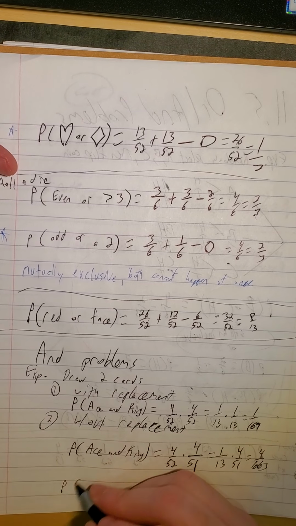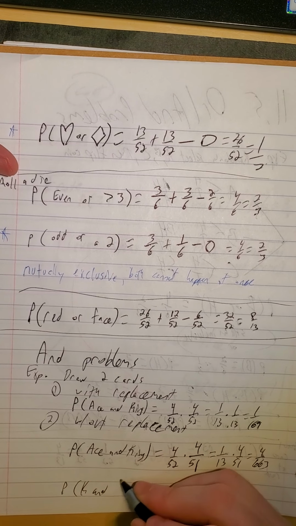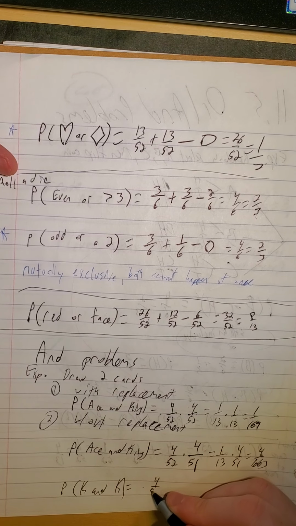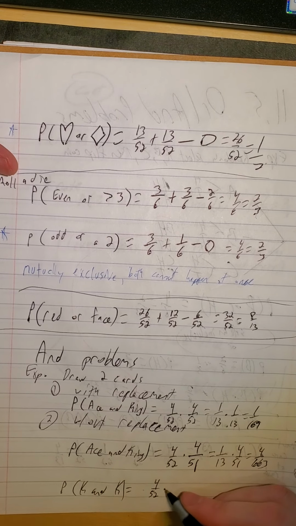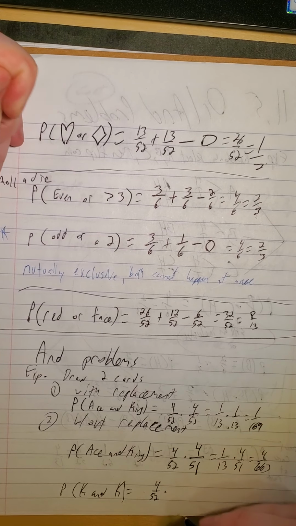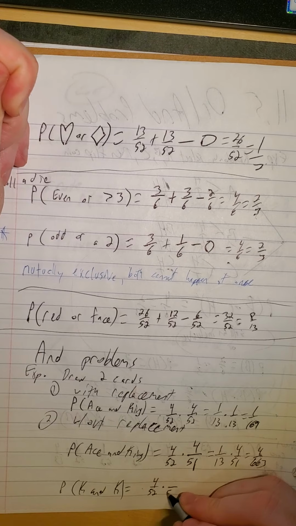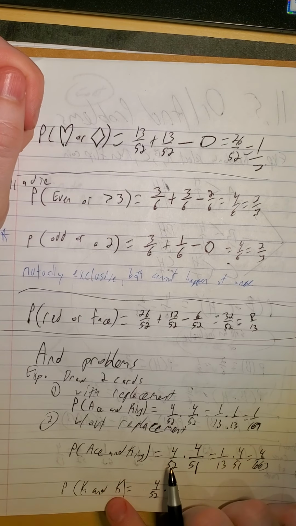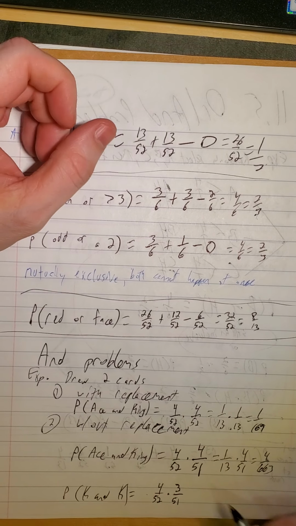If I want the probability of king and king, again, 4 kings in the deck out of 52 cards in the deck. Now I have a king in my hand. I'm reaching back into the deck. The deck has now 51 cards total. Now I have only 3 kings because we're still working without replacement.